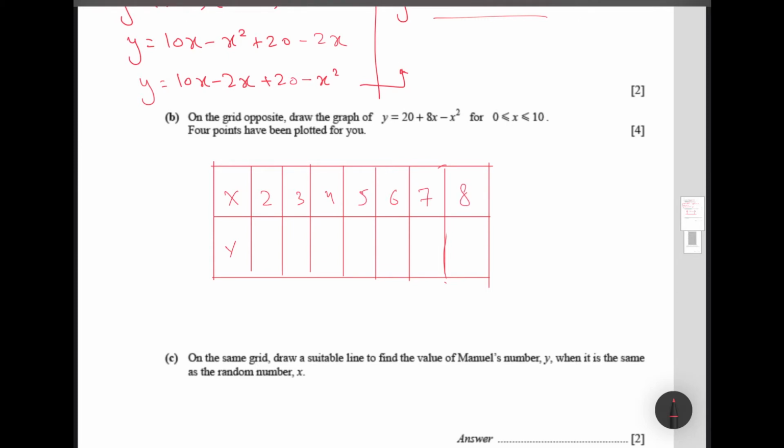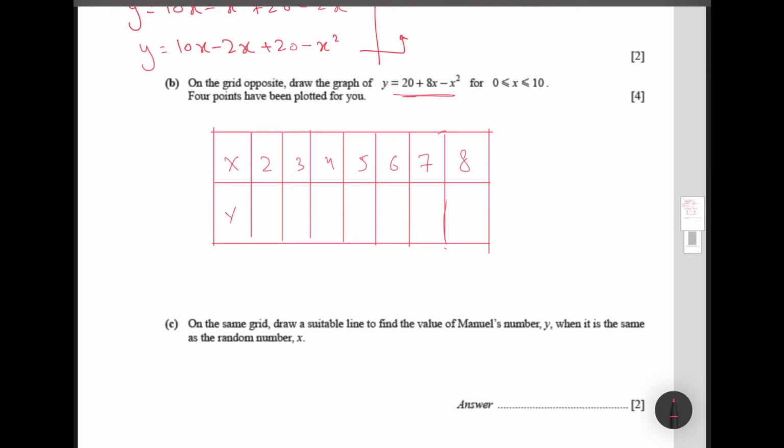Now we need to plug every value of x into this equation right here so that we find the values of y. When we plug in 2, it becomes 20 plus 8 times 2, which is 16, minus 2 square, which is 4. So 20 plus 16 is 36. 36 minus 4 is 32. So you write 32 over here.